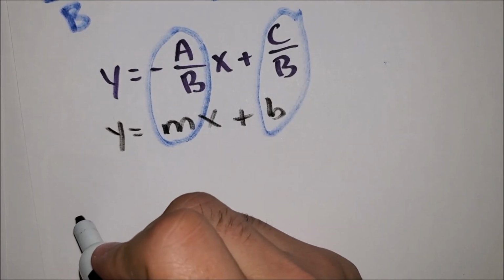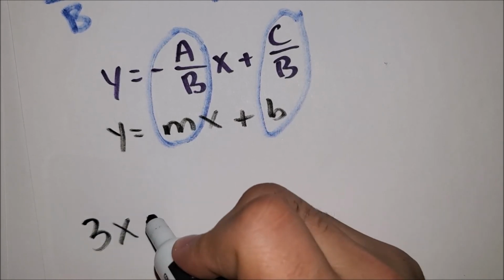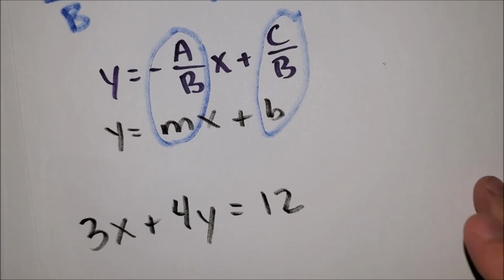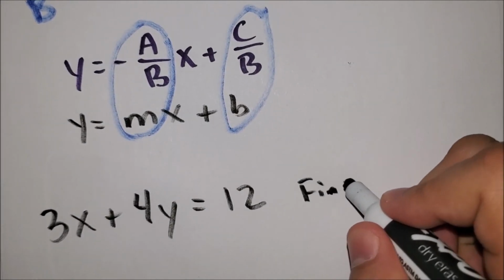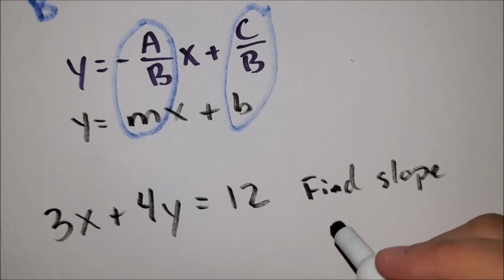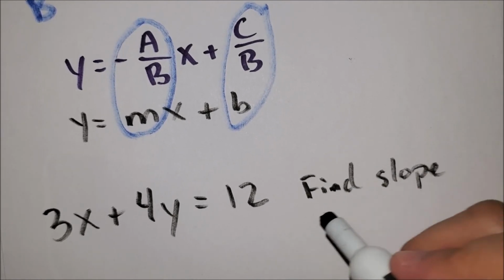So suppose you were given a problem that looked like 3x plus 4y equals 12, and you were told to find the slope and the intercept.